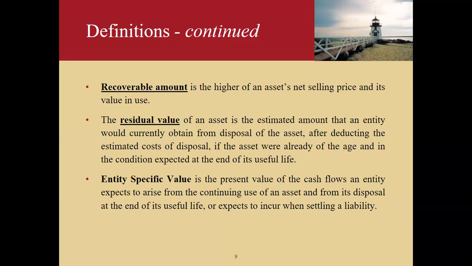For example, if we are expecting a machine to produce maybe 20,000 books, we quantify that into how much we are going to be selling each book for. Whatever cash flows we are expecting from the continuing use of that asset is the entity specific value, what we calculate internally. So hopefully we are together before we move forward.